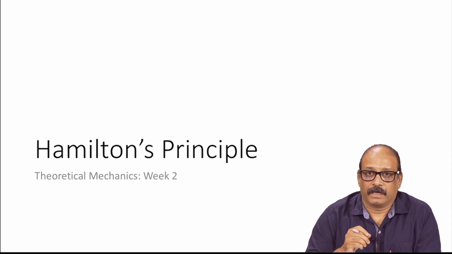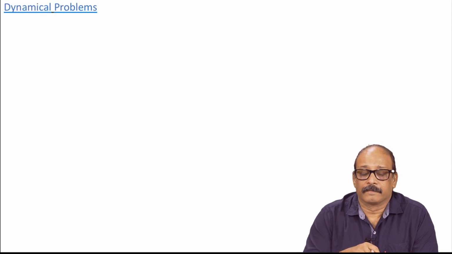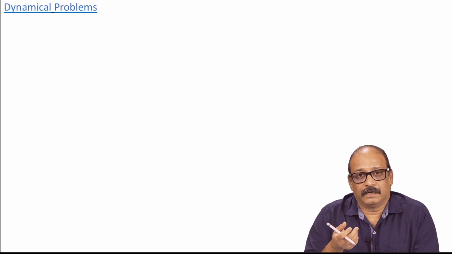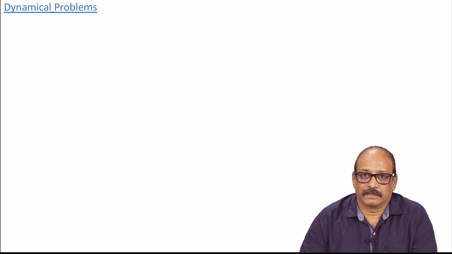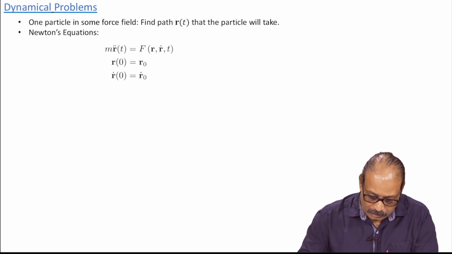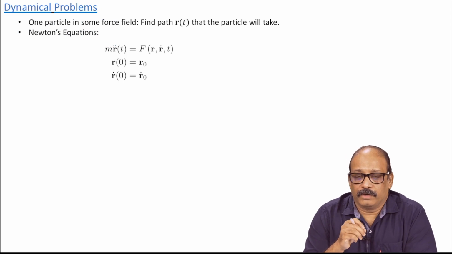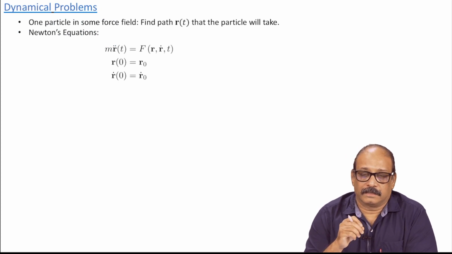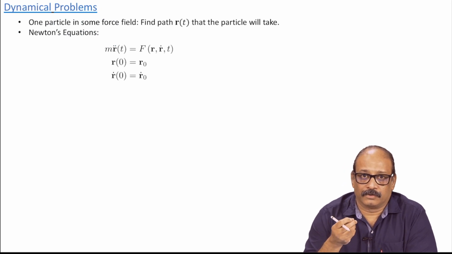What I will do is first pose the dynamical problem here. Even if you are considering a single particle, what is it that you want to do? If we know all the forces on the particle, and we know its initial position and its initial velocity, then we want to predict the path that it is going to take.